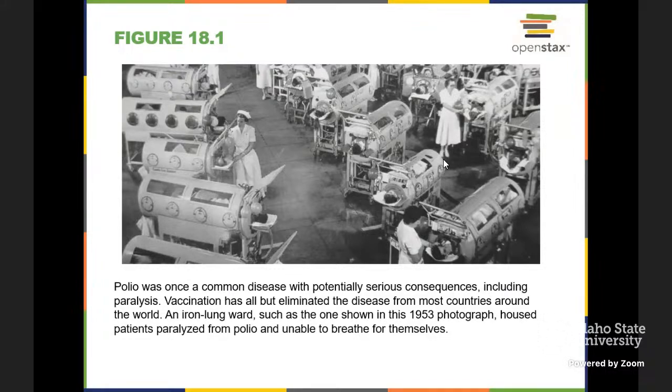And here you can just see, as far as you can see, row after row of these iron lungs, basically these breathing devices for these people. And this is it for these individuals. It's not like you go into the lung and get some breaths and then you go about your business, go to your day job. This is your life, right?